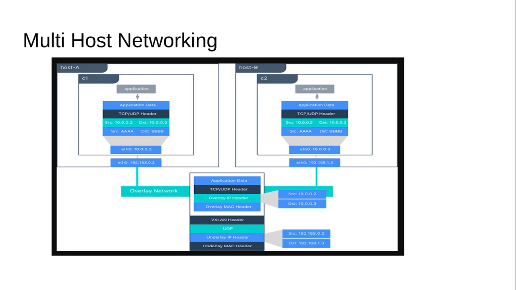So the host B interface will extract this inner header, and from that header it will understand the IP of the container, and accordingly it will pass that packet to the C2 container. Okay, so this is how typical overlay networking happens.